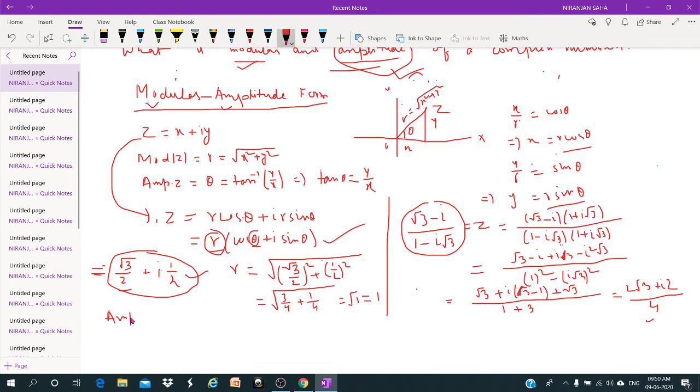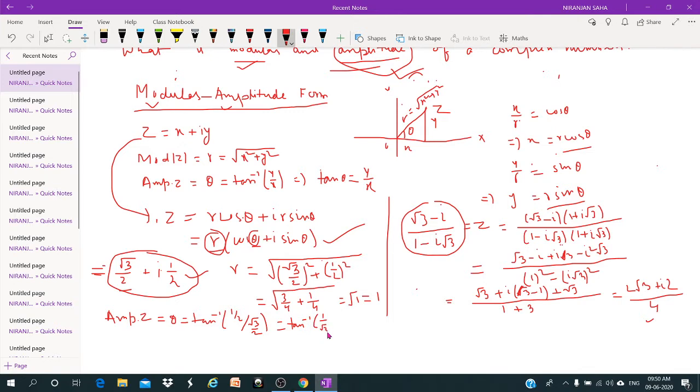You can see that both parts are positive, so this complex number must belong to the first quadrant of the complex plane. So theta is equal to tan inverse of y by x, which is (1/2)/(√3/2), so tan inverse of 1/√3.